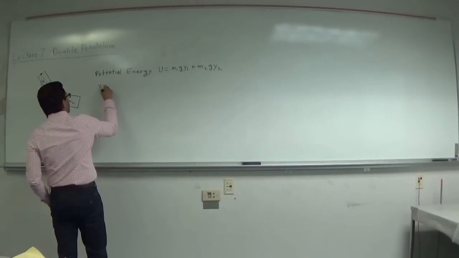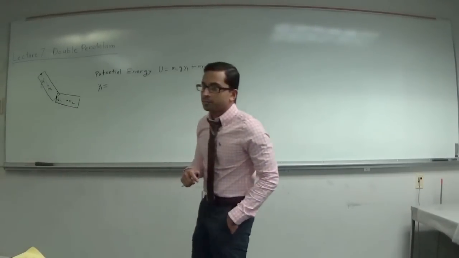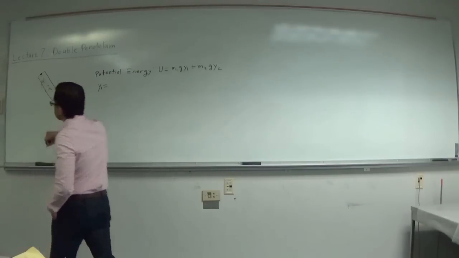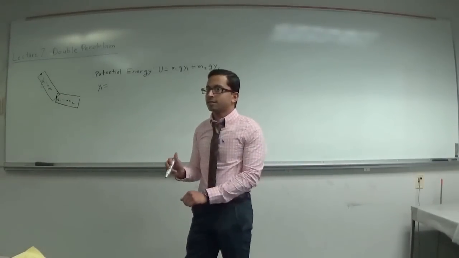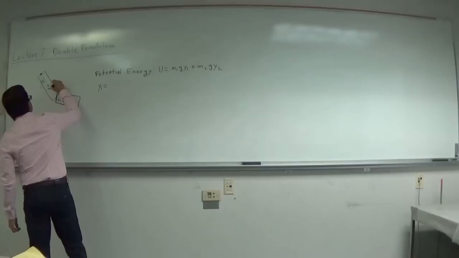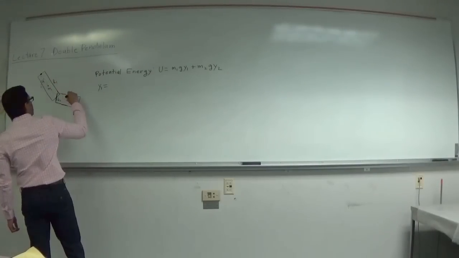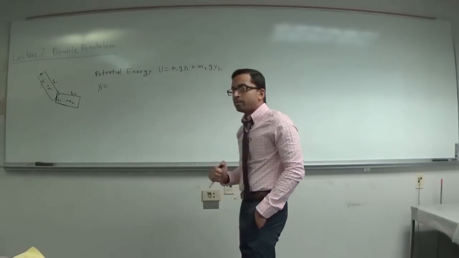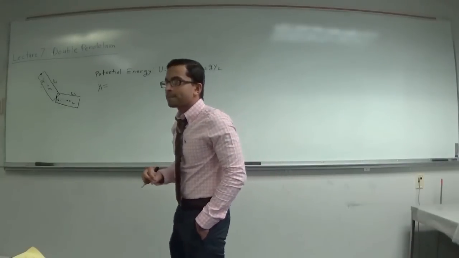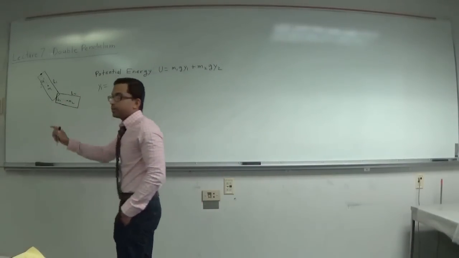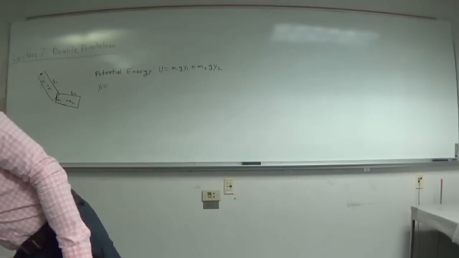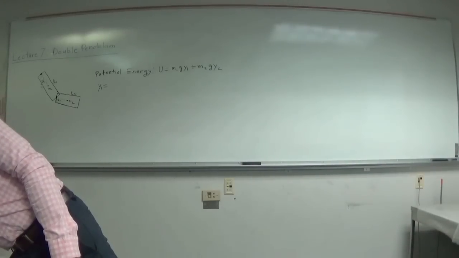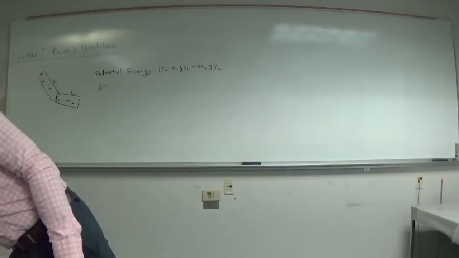So let's find out how y1 is changing. Oh, and I should tell you the lengths as well: this is L1 and this is L2. Let's say they're straight, and this is approximately where the center of mass would be. Where is that point if they're straight?